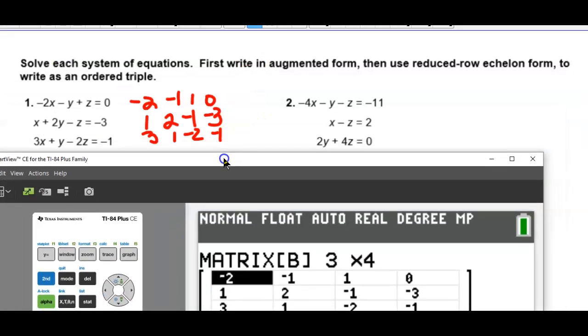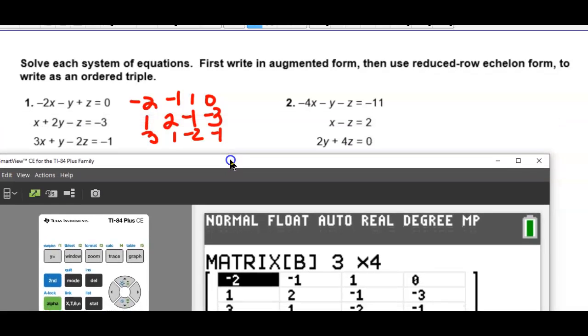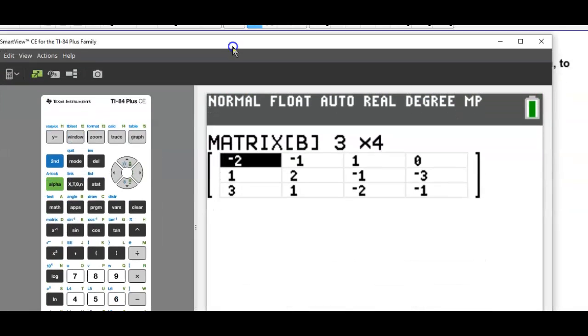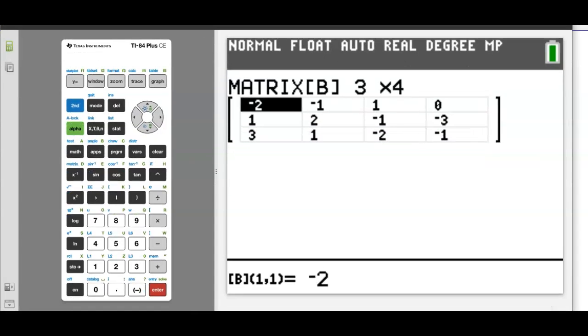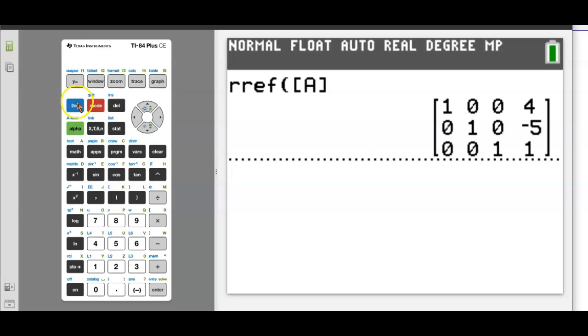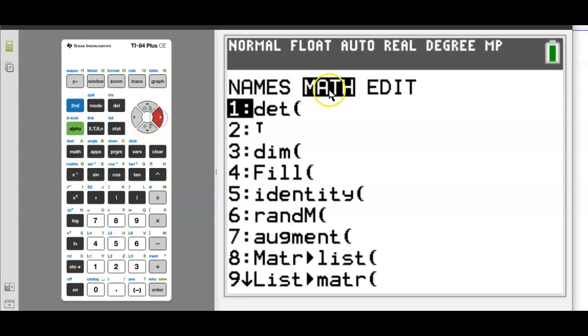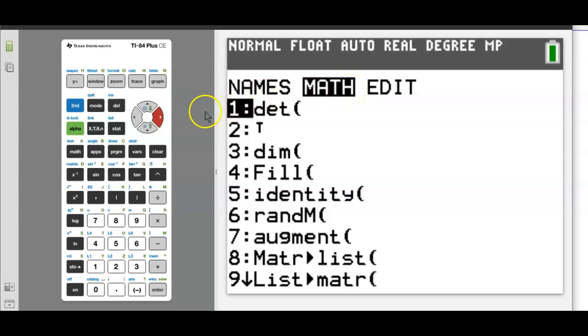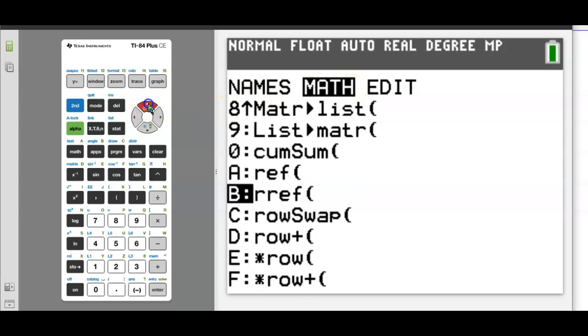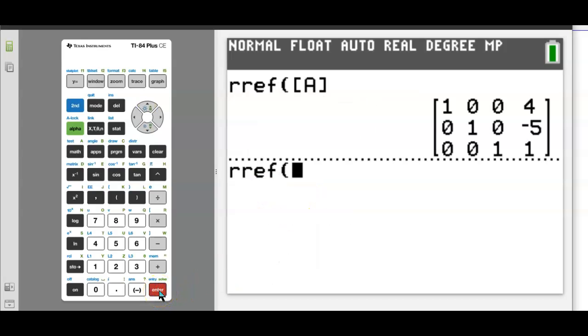When I proofread, I usually go down just to look at it differently. Seems right. Okay, then I have to quit second mode, go back into matrix, second matrix, but go to the math. I want to perform some math on one. Find RREF, not just REF. You want the one that says reduced row echelon form, otherwise it won't completely reduce it.